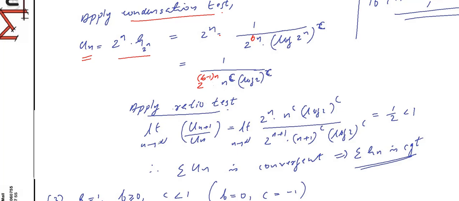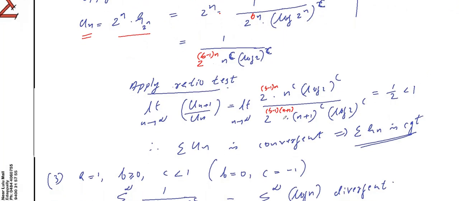So limit as n goes to infinity of un plus 1 by un is equal to limit of un plus 1 over un. The power of 2 needs to be simplified: the denominator is the same, (b minus 1) times (n plus 1) in the numerator, and (b minus 1) times n in the denominator.